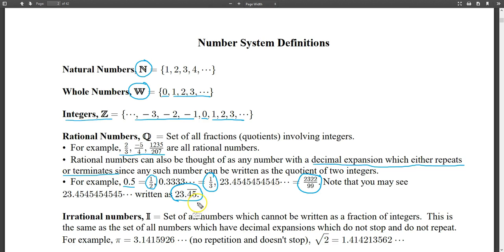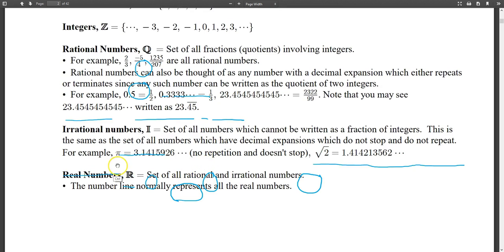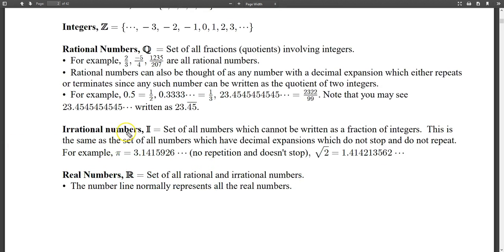We also define the irrational numbers. The irrational numbers are sometimes denoted with this script I, and they're the set of all numbers with a decimal expansion that does not stop and does not repeat. In other words, they're the set of all numbers that cannot be written as a quotient of integers.